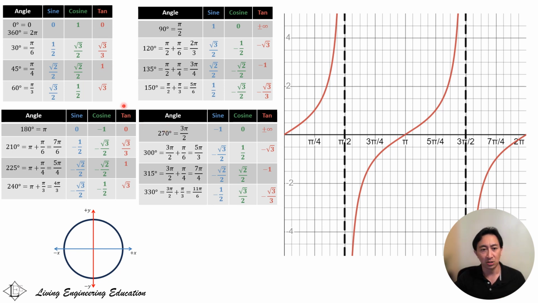We've seen the 0 points at 0 and pi, and then we've looked at the vertical asymptotes at pi over 2 and 3 pi over 2, right, which are shown here. This is basically a shifted segment of the previous graph where we had this point here as our origin.